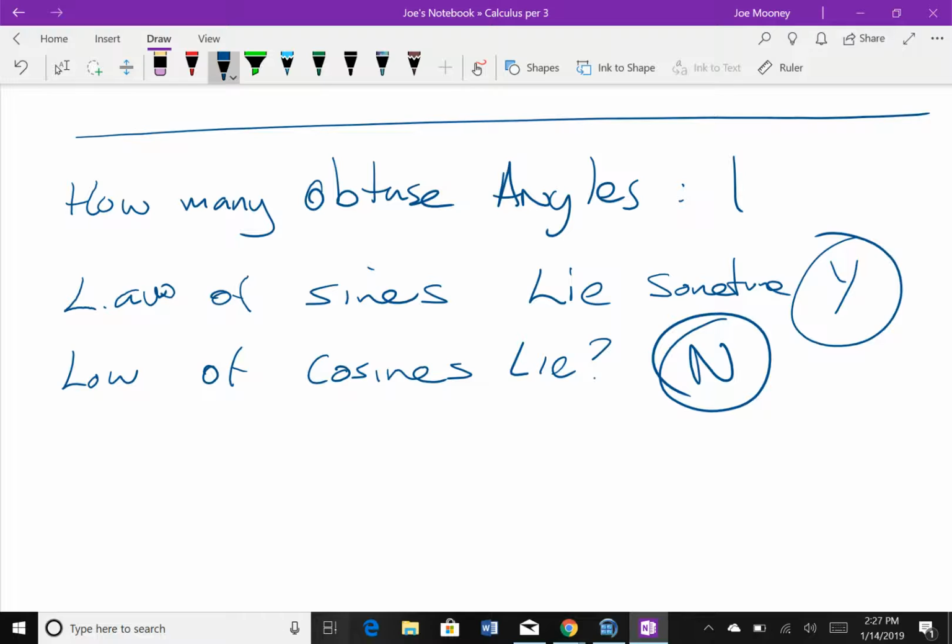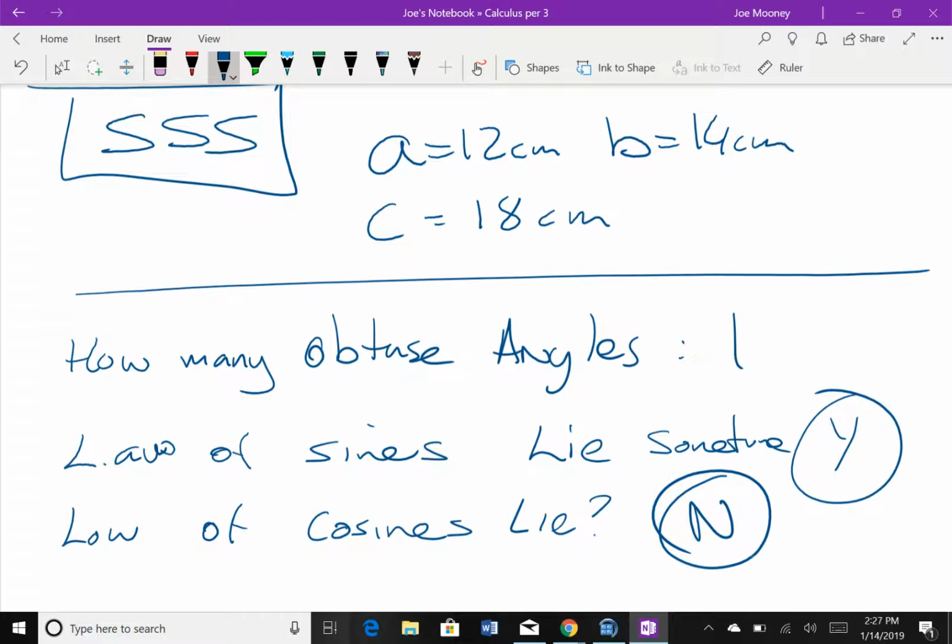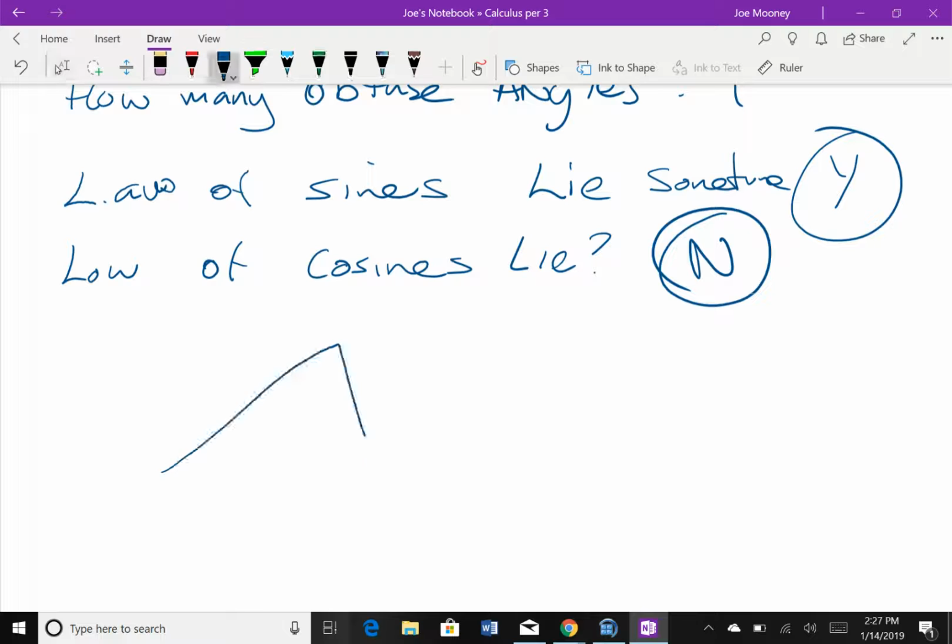And this is what I'm saying. So if we've got a 12, a 14, and an 18. Let's just pretend, I'll stand up there and do it, because I want to point to it. What we're going to do, think about it, we're going to use the law of cosines, the formula we've been given, to find one of these angles.